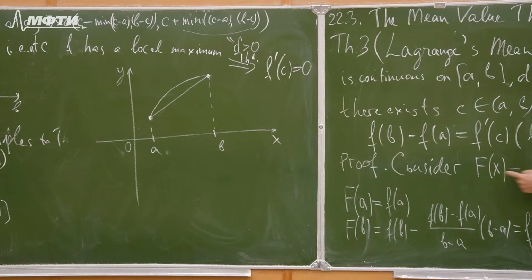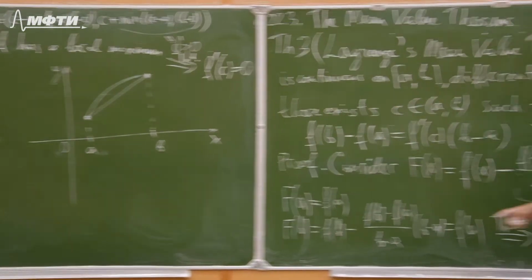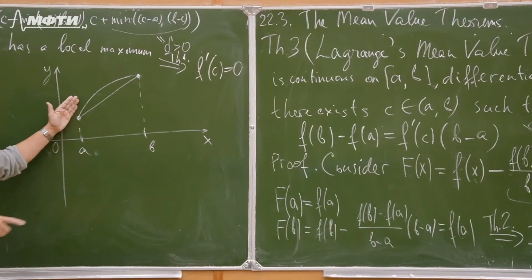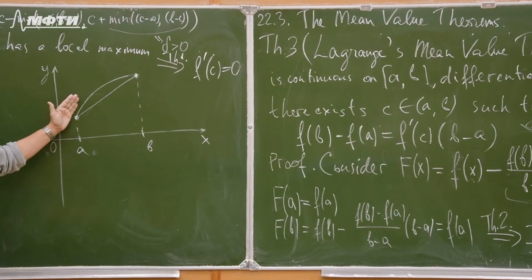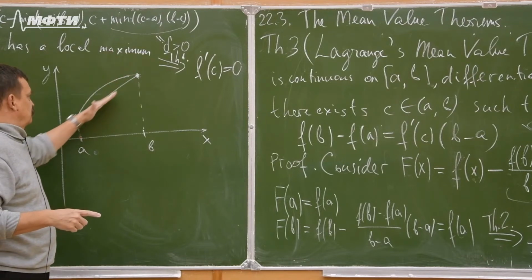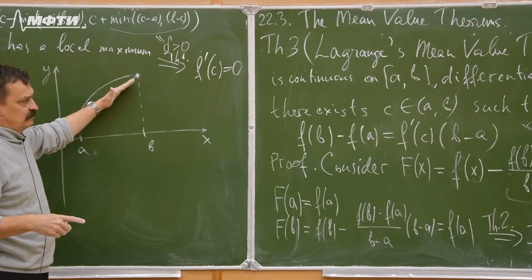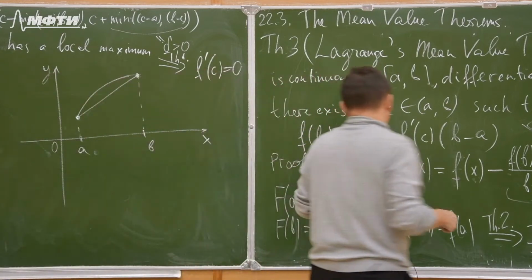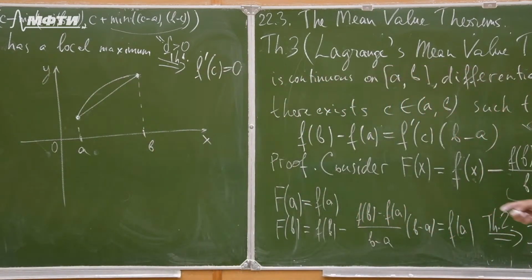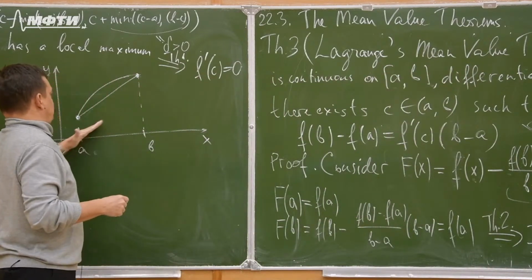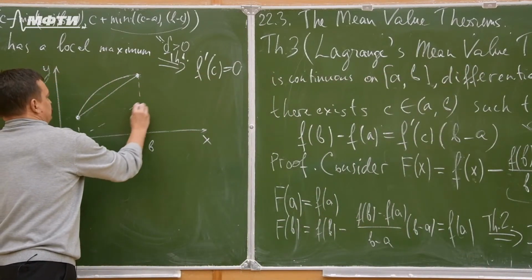Yeah, in fact, its equation is y equals this. So in fact, what is capital F? Capital F is precisely the difference between f of x and this linear function. Okay, shifted to 0, right? Slightly shifted to this one.